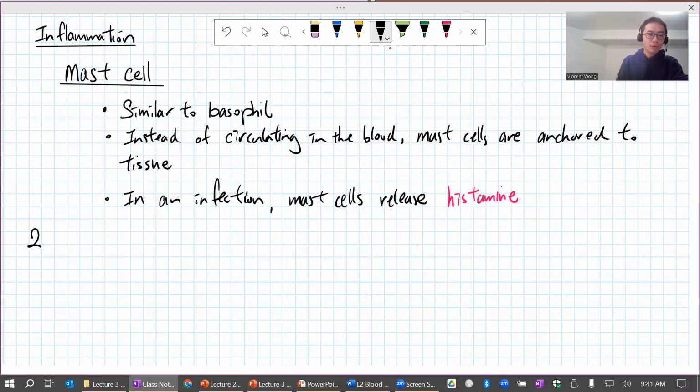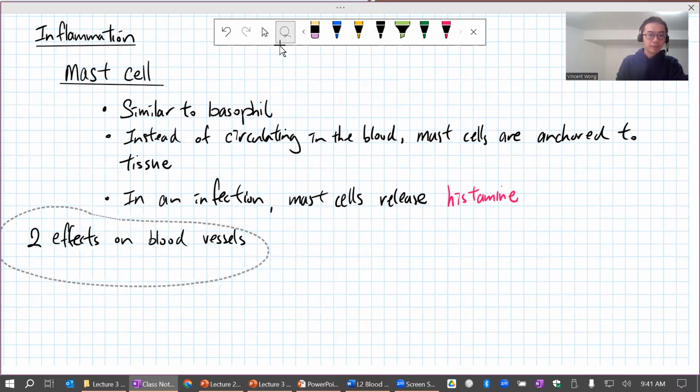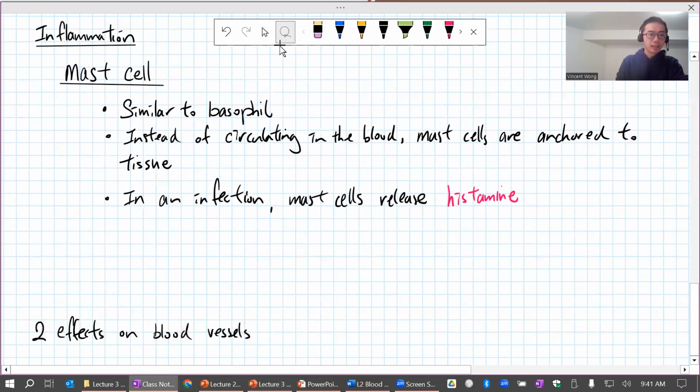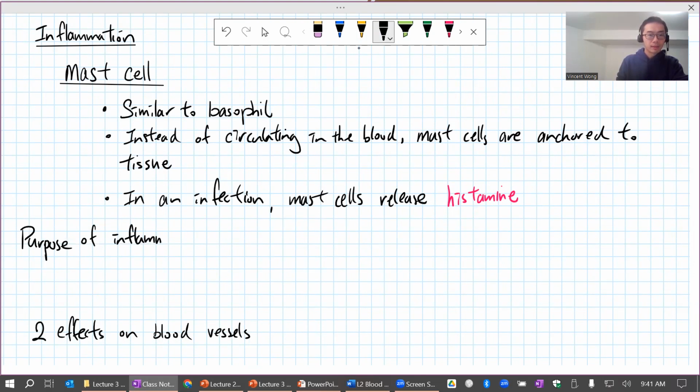Okay, two effects on blood vessels. Oh, sorry. Before that, I have another thing I want to write. Okay. The purpose of inflammation. Okay.